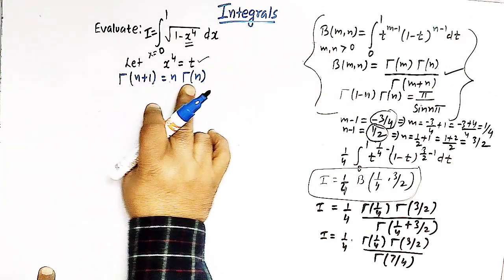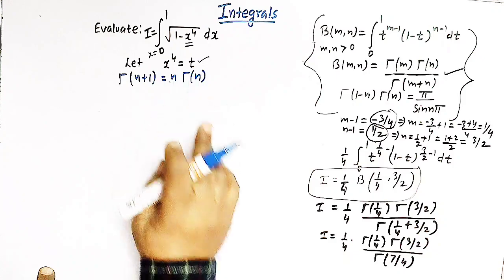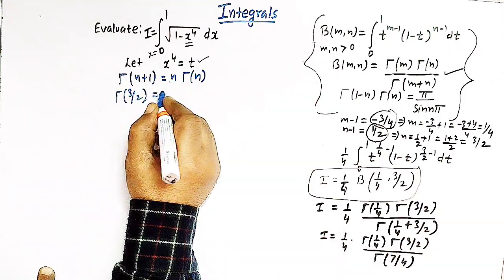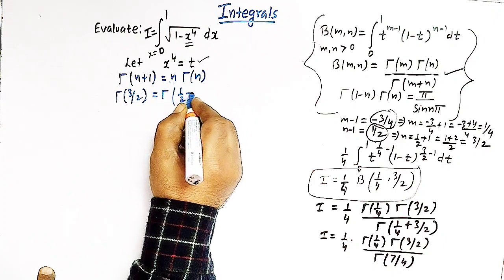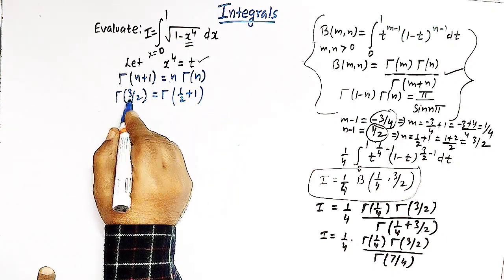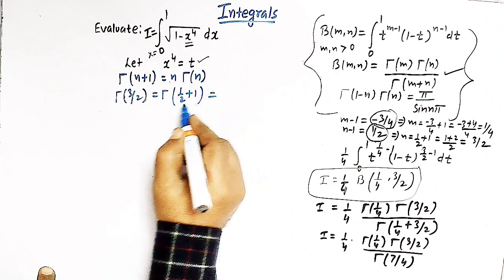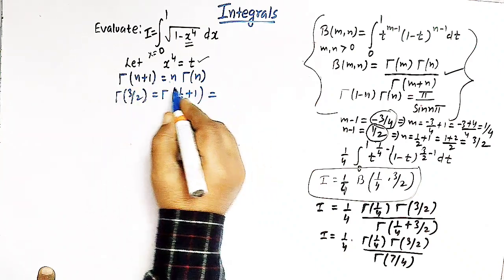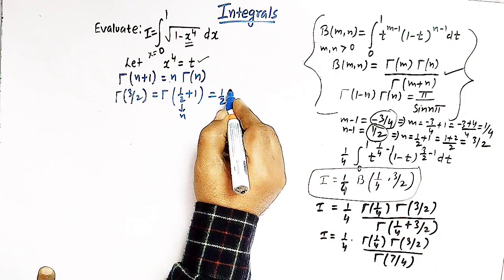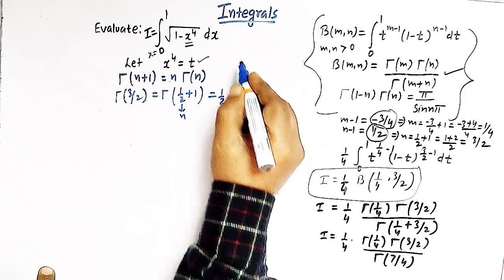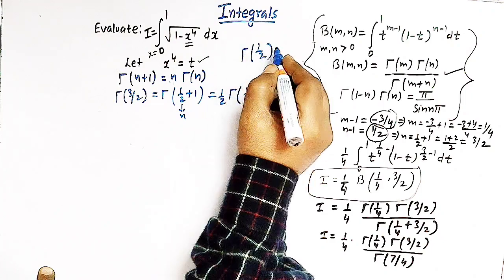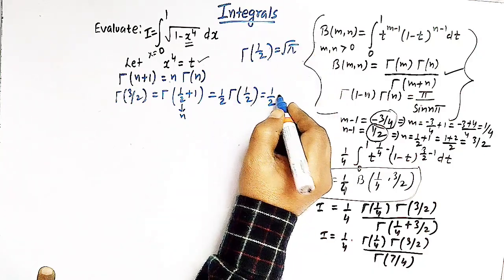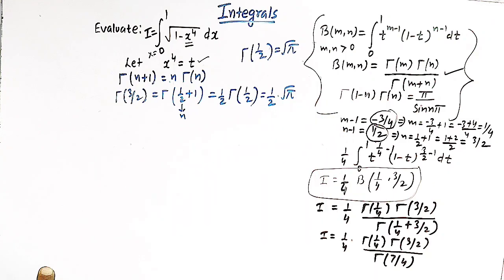So gamma n plus 1 is equal to n times gamma n. So gamma 3 by 2 can be written as gamma half plus 1, because we can split 3 by 2 as half plus 1. So our n is now half. So we can now write half times gamma half, and gamma half is equal to square root of pi. So we can now write half times square root of pi, right?